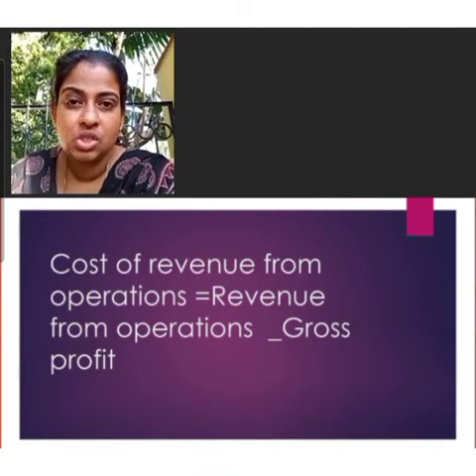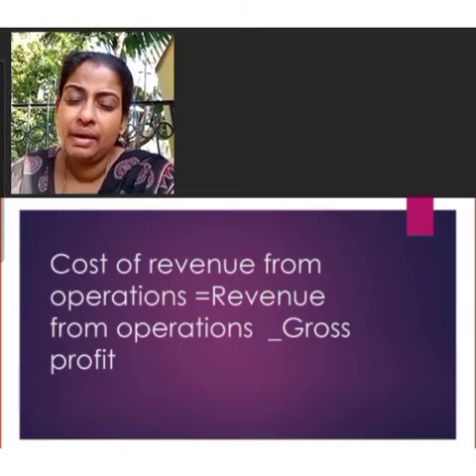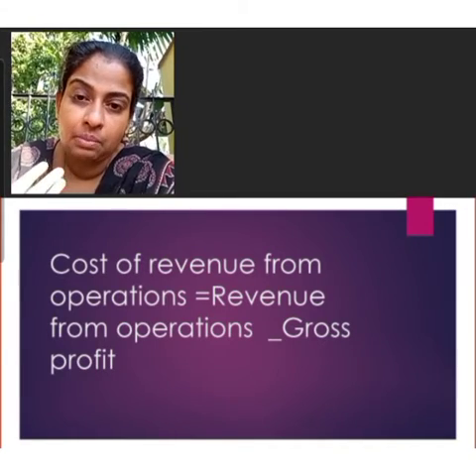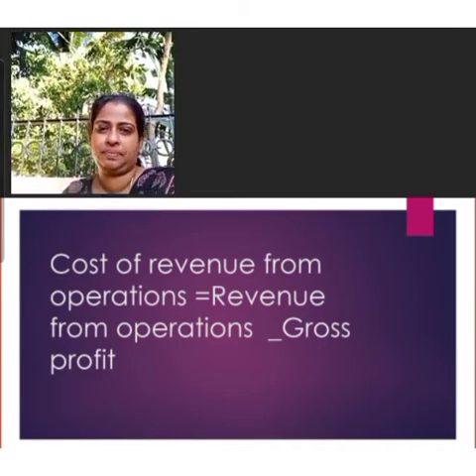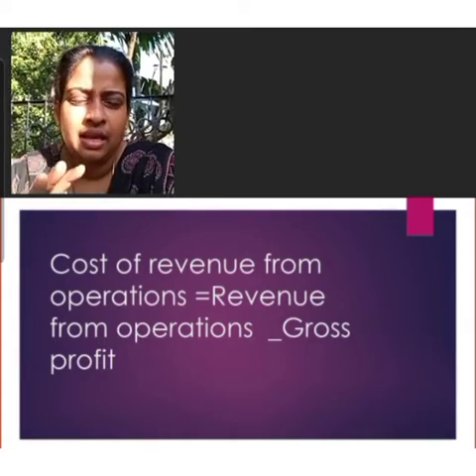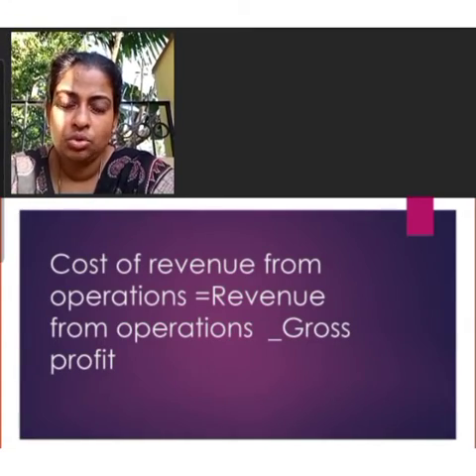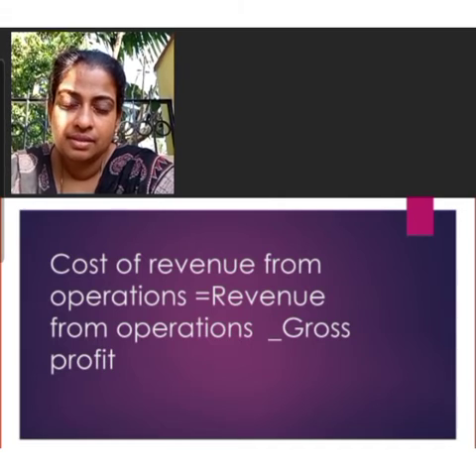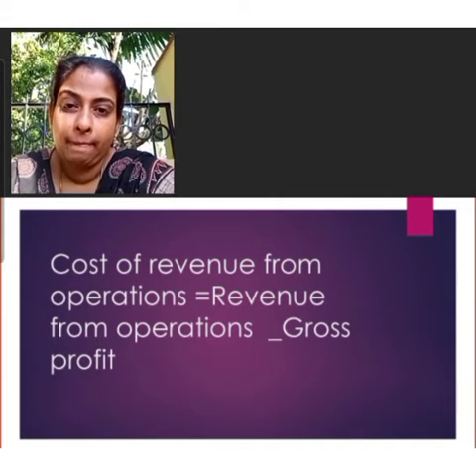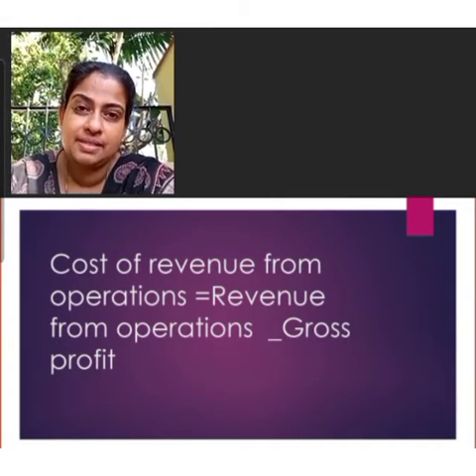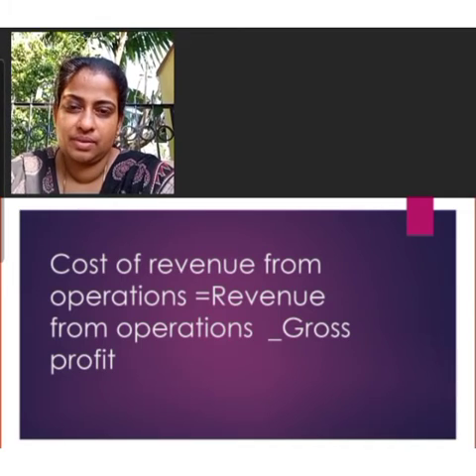In accounting, stock means inventory. By applying this formula, we will get the amount of cost of revenue from operation. Once again, the cost of revenue from operation equals opening inventory plus purchases plus direct expenses minus closing stock.